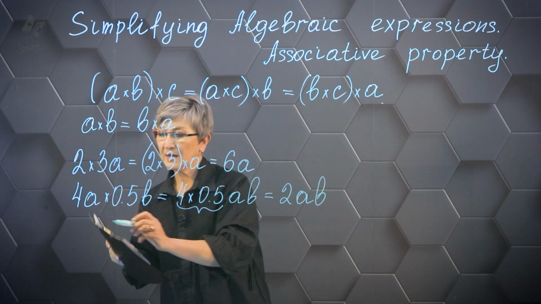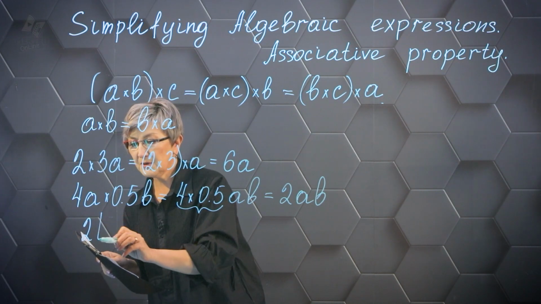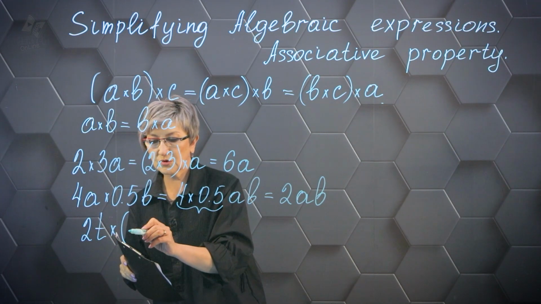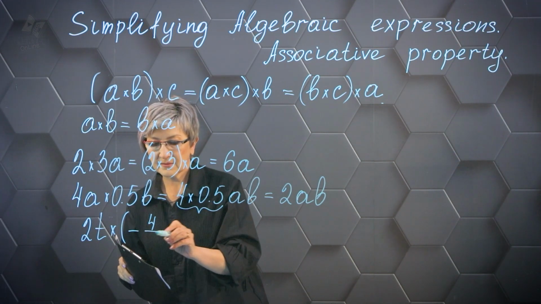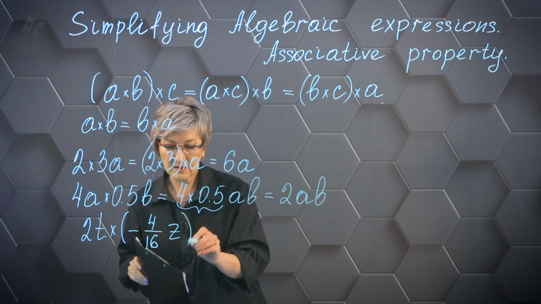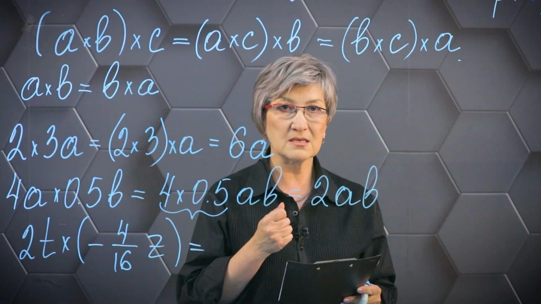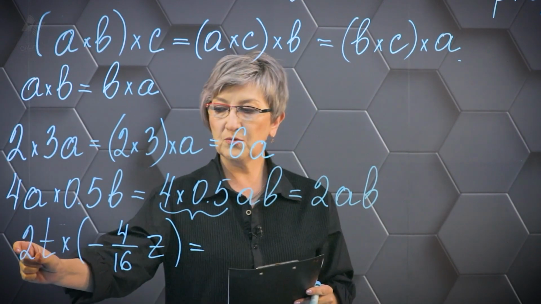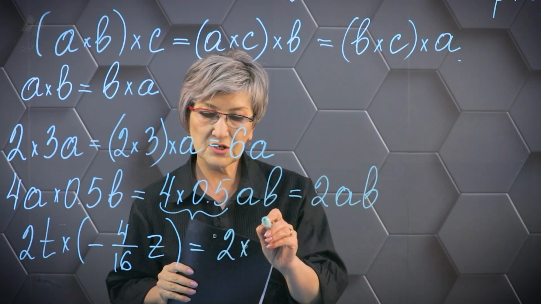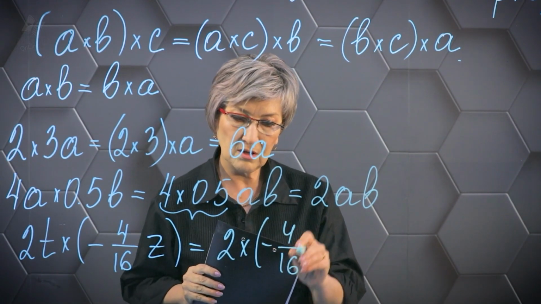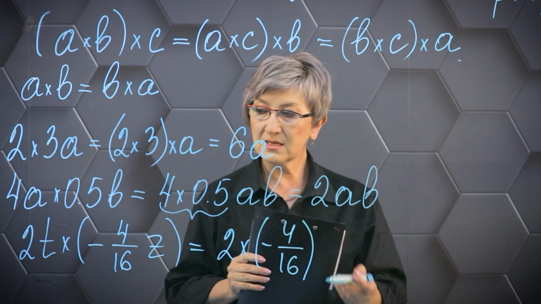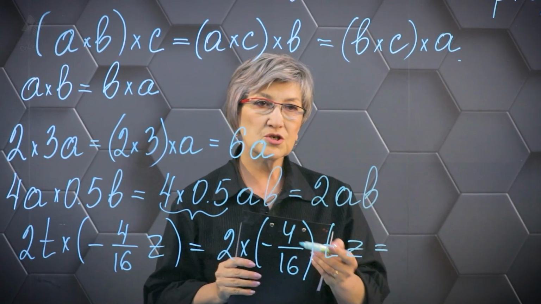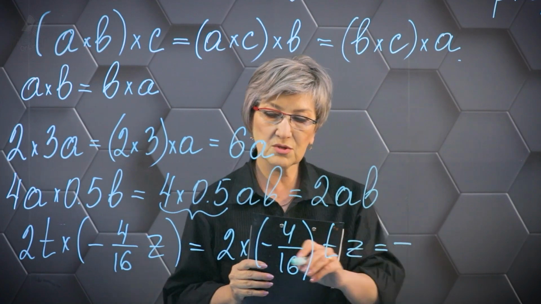Next example, if you have 2t multiplied by minus 4/16 z, then in this case the rule does not change. Well, the only thing we must remember when multiplying two numbers is that when we multiply a positive number by a negative number, the product will be negative, and we rewrite the letters. 2 multiplied by minus 4/16 is a minus.